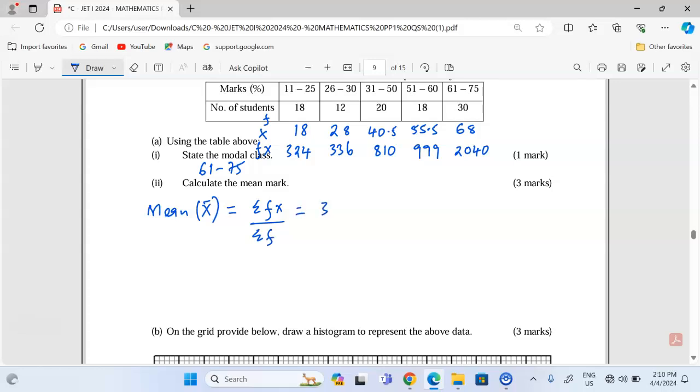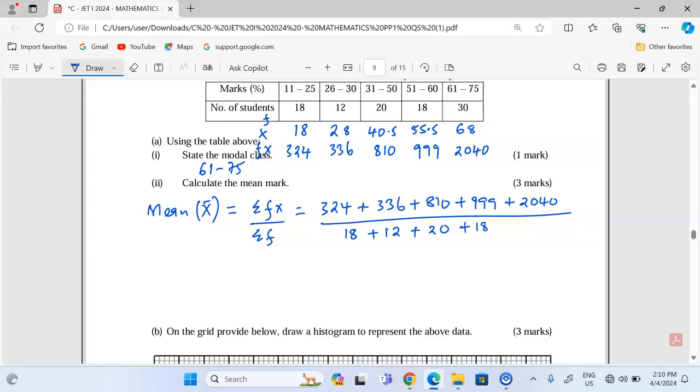Therefore, we take 324, add 336, add 810, add 999, then add 2040. We have to divide all this by the summation of the frequencies: 18, 12, 20, 18 once again, and 30.